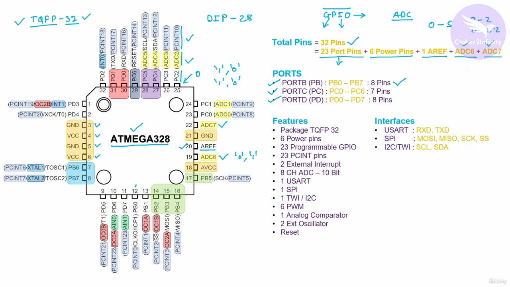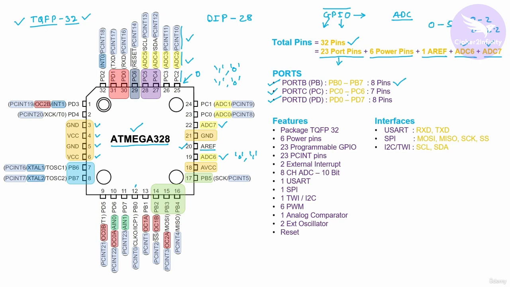Okay, or it will be given in front of that particular pin what special function it can execute. Okay, I will talk about that in a moment. So starting from this point, PB0, PB1, PB2, PB3, PB4, PB5, PB6 and PB7. These are the pins of port B, and then I will show you the pins of port C.